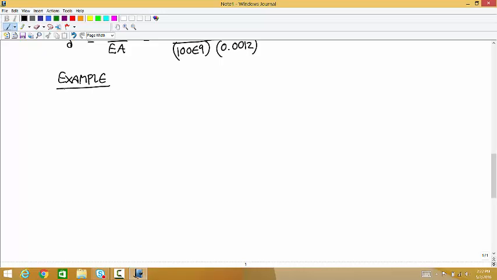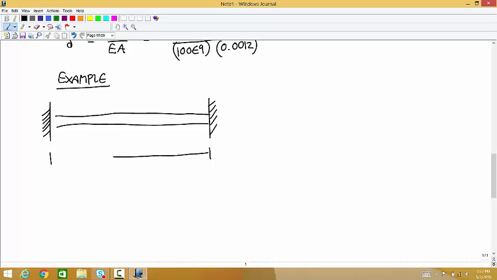So now let's do a combined statically indeterminate problem with a couple of things going on. Let's say that this beam is between two fixed supports. It has a length of 4 meters.